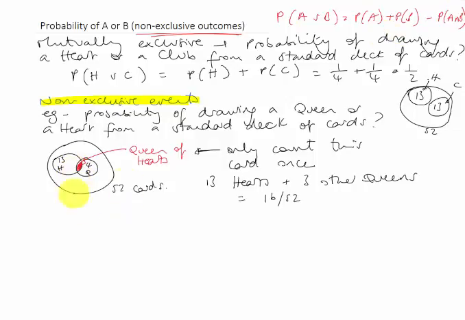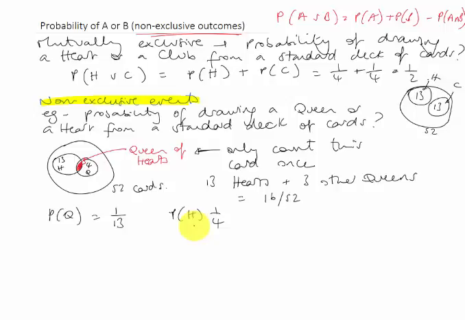So how would we apply this to our example with the Queen of Hearts? We know that the probability of drawing a queen is 1 in 13, because there are 4 suits, each with 1 queen in them, and each suit has 13 cards. The probability of drawing a heart is 1/4, as a quarter of the deck is hearts.